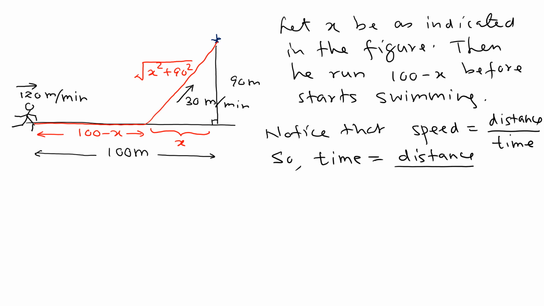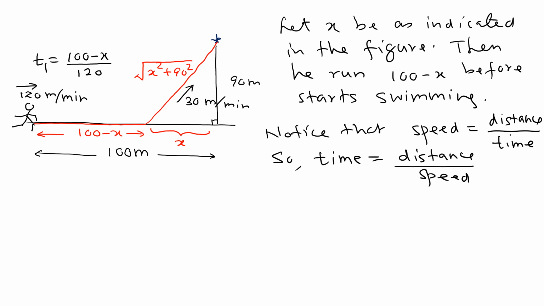We can use that formula now. If you know the distance and the speed, then you can write the total time. There are two times. The one he runs, we can call T1, which is 100 minus x meters with the speed 120. That's the time he needs to run.